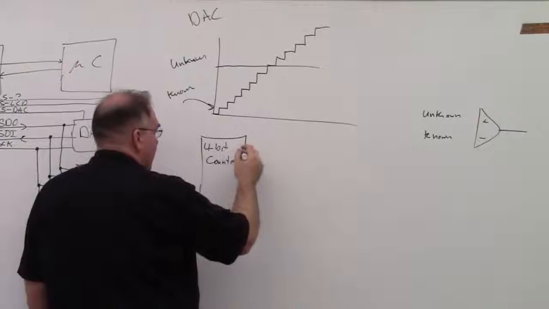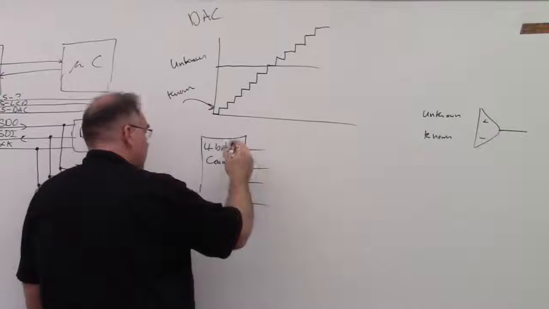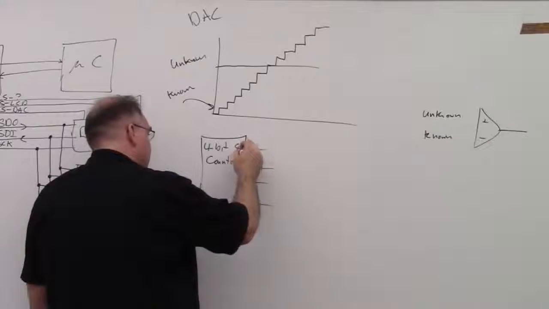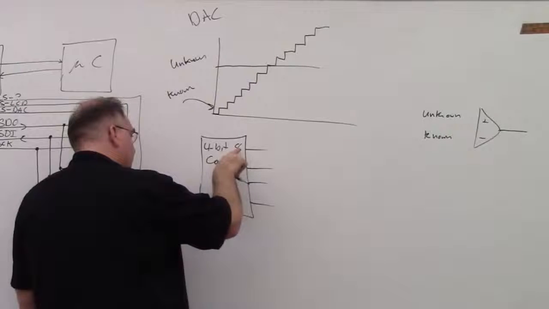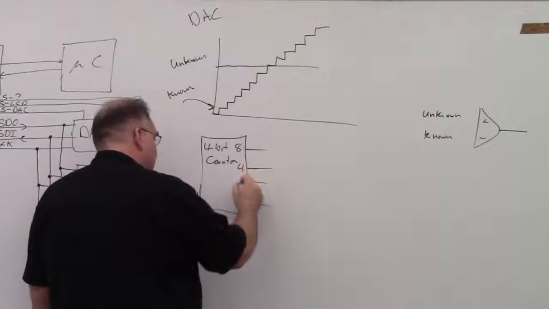The output of that 4-bit counter is going to have a 2 to the 3, 2 to the 2, 2 to the 1, 2 to the 0 weighted output.